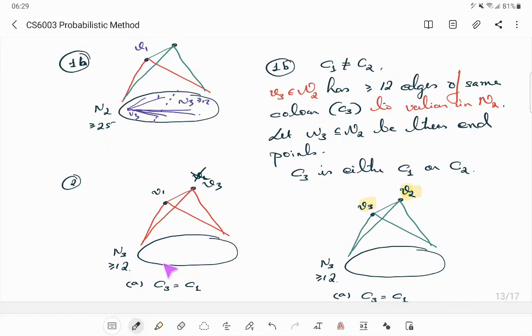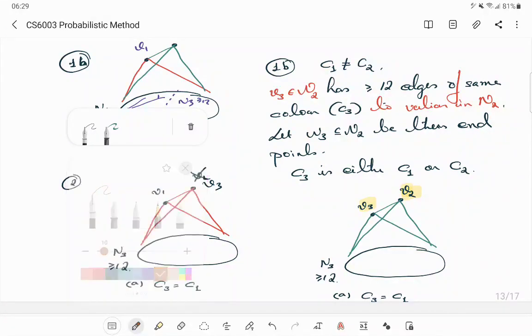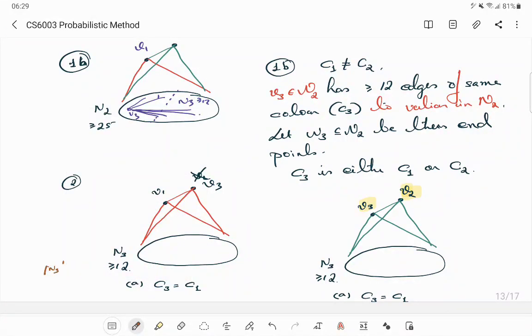In this step, you don't need a K12 here. All you need here is a K4. So you want the size of your N3 to be at least 4. Which means to get 4 vertices of the same color here, you want your N2 to be of size 8.